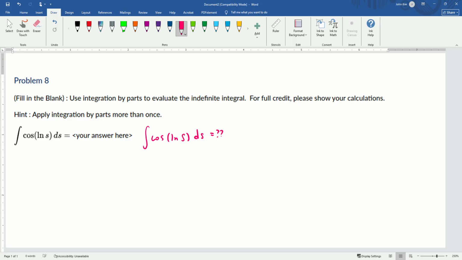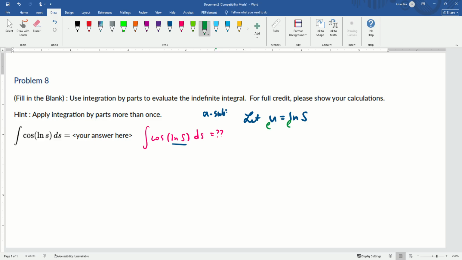Well, first of all, we're going to have to use what's called u-sub. Everybody knows what u-sub is, right? Let u equal, we're going to do the inside right over there, natural log of s. Solving for s, we take the exponent to both sides, right?